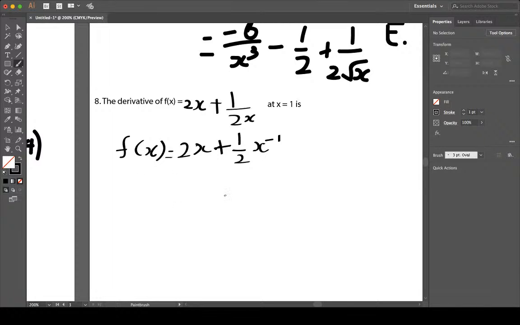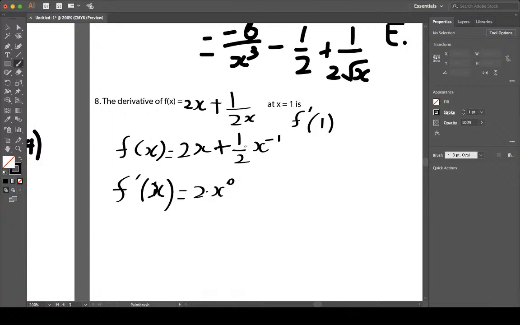So now all you need to do is take the derivative first. Function prime of x. And by the way, this is actually asking you for f prime of 1. That's basically the question. So the derivative of f of x would equal 2 times 1, that would be 2, multiplied by x to the power of 1 minus 1, that's 0.